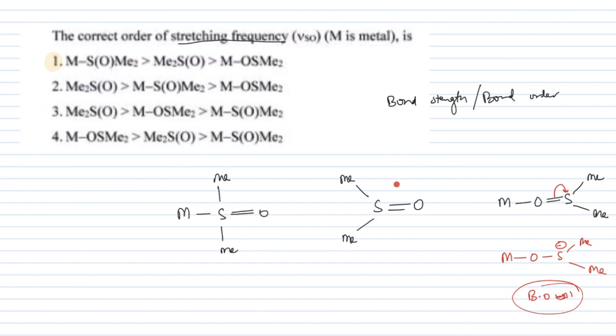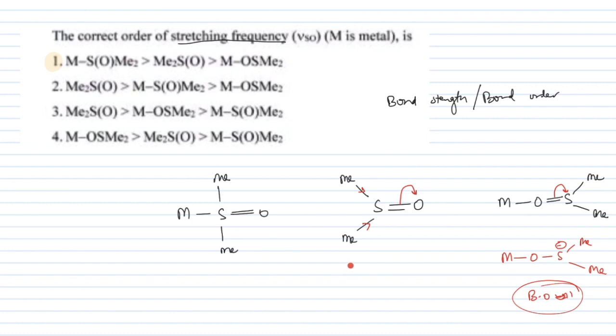Talking about your option number this here, if you look at this, what is going to happen is that methyl is going to apply the inductive effect. These inductive effects are going to increase the electron density on this sulfur. Sulfur has the ability to take up this electron density, but oxygen being more electronegative, it will fetch these electrons towards itself.